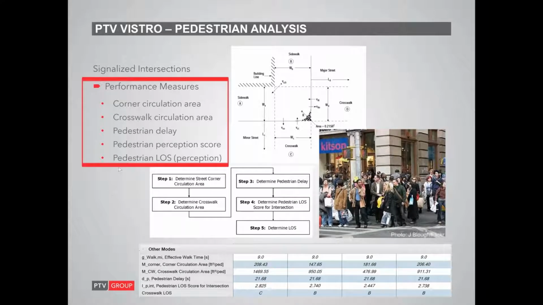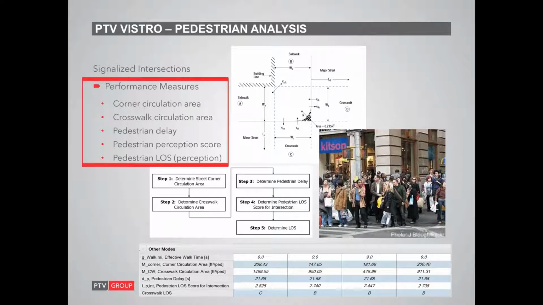All right, so just quickly, the red box here is kind of the short story of this slide. A lot of people don't know, even those who have been doing a lot of analysis for a number of years, that the Highway Capacity Manual has at the intersection level for signals some performance measures that you can calculate and report.